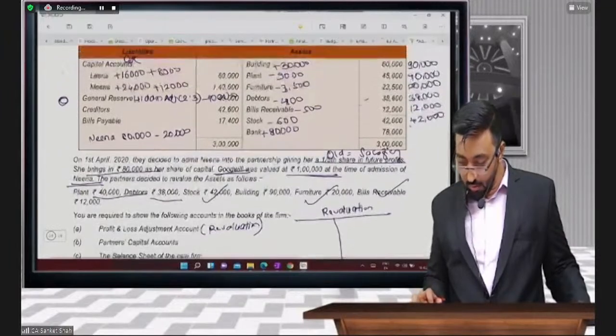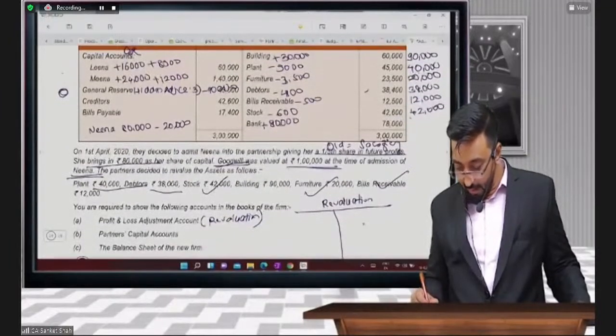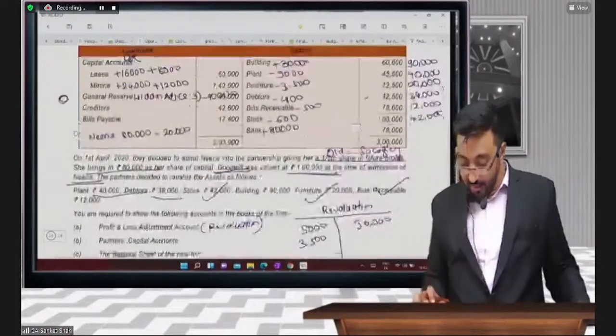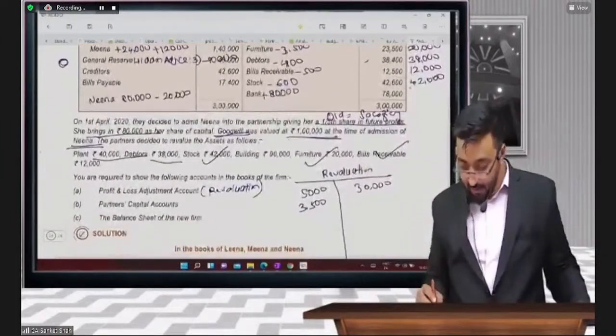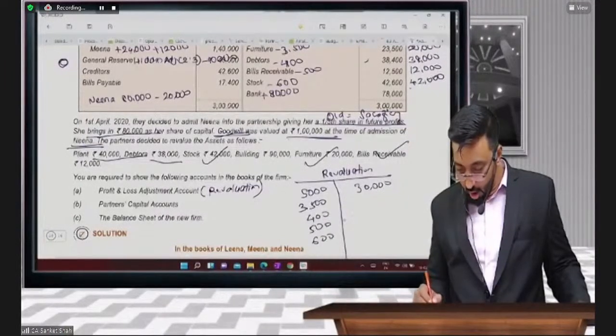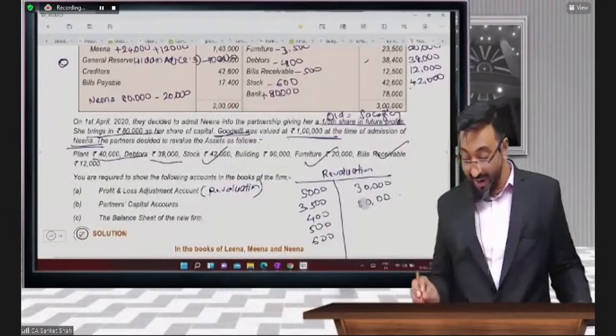Revaluation account. Yes, beta, now revaluation account: building appreciated, so credit side. Plant depreciated by 5,000, so debit side. Furniture debit side. Debtors 400, 500 stock. And no, bank we are not going to write over here.